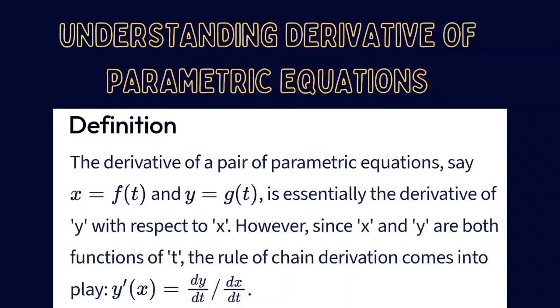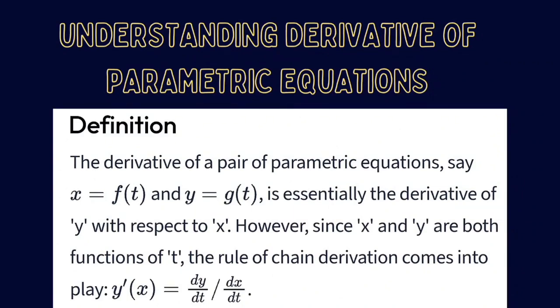Now let's understand the derivative of parametric equations. In the world of parametric calculus, the derivative plays a crucial role, as in conventional calculus. However, finding the derivative of parametric equations introduces a bit of a twist. But don't worry, the process is simple when you break it down into steps.